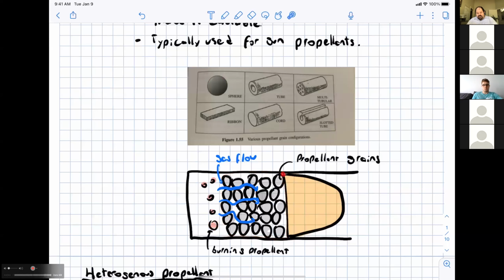Basically, models that describe this process are fairly complicated, because they need to account not only for the combustion processes of the propellant grains and the fluid flow of the propellant products as the chamber pressurizes, but also for multi-phase flow effects, such as heat transfer between the gas and the particles, particle collisions, etc. These models get very complicated very fast.